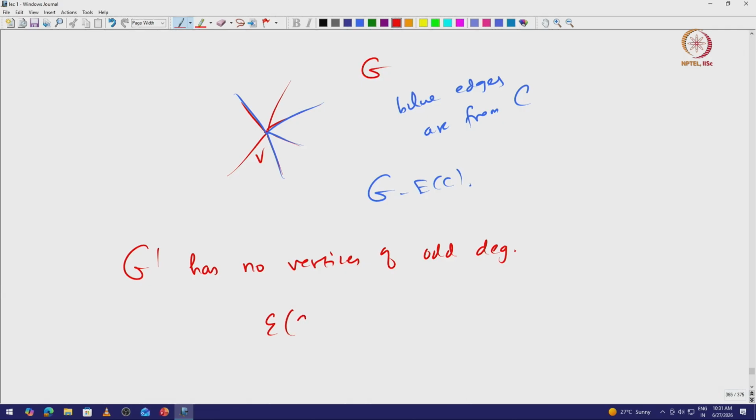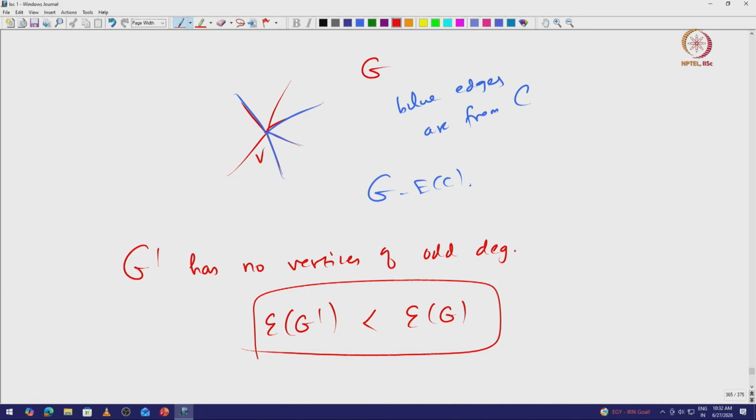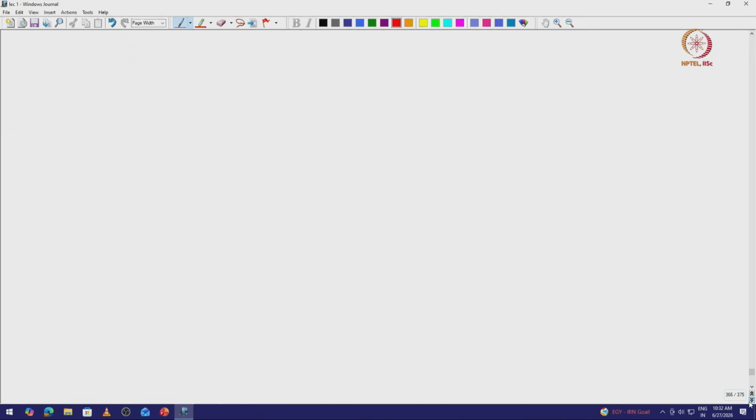So, the number of edges in G dash must be strictly less than the number of edges in G. We have already assumed that G is our counter example, so we have chosen G such that epsilon G is as small as possible. Since epsilon G dash is strictly less than epsilon G, that would imply that G dash must be Eulerian.